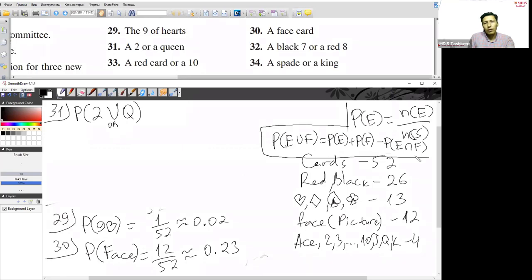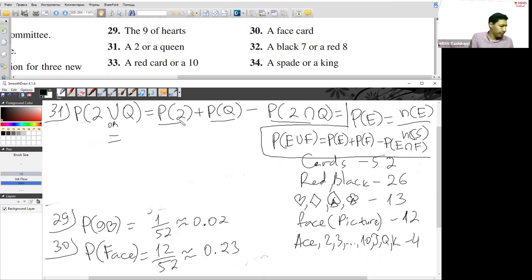Now we use this second formula. So it is equal to P(2) plus P(queen) minus P(2 and queen). Instead of E and F, we have 2 and queen, so you just substitute. And for each, we can use the first formula again.